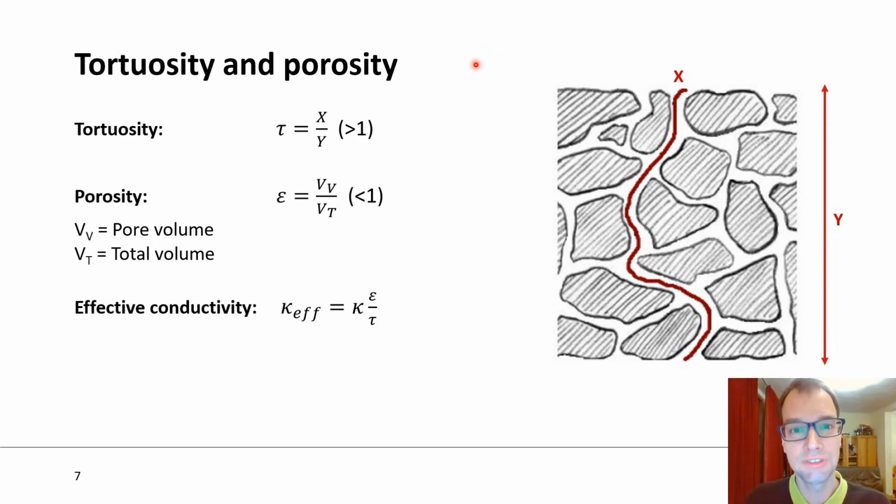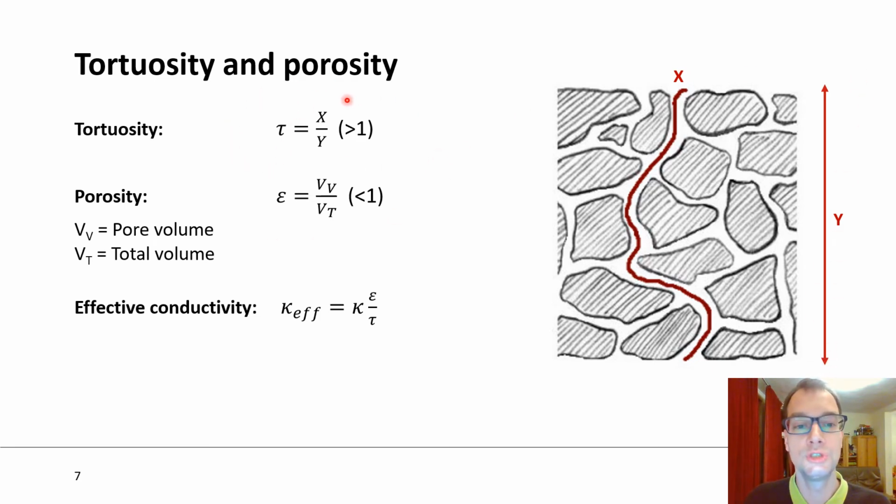The tortuosity, or in Dutch kronkeligheid, basically indicates the path length which ions need to travel to get from one side of the separator to the next. And basically you can see that here. This is the path length x, and you can see this path length is significantly longer than this distance y.